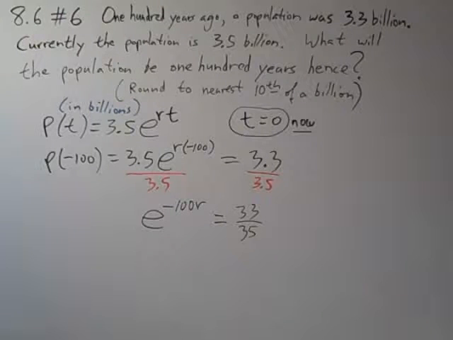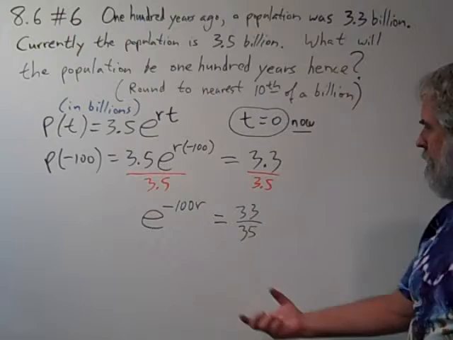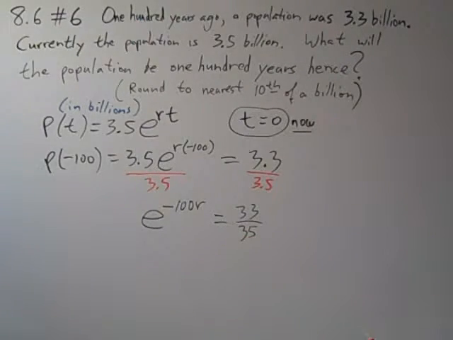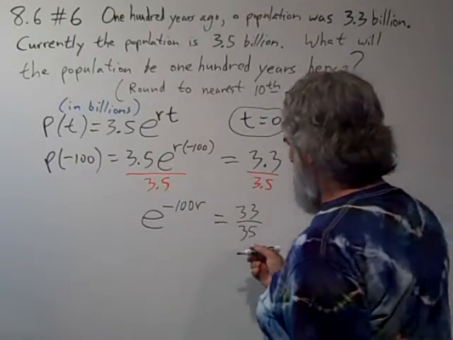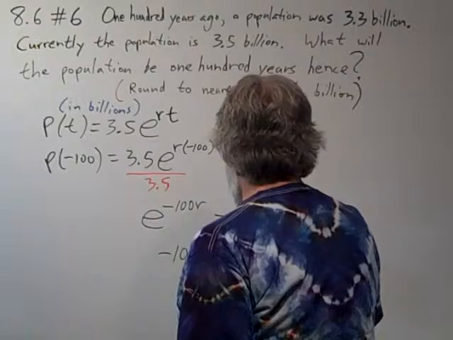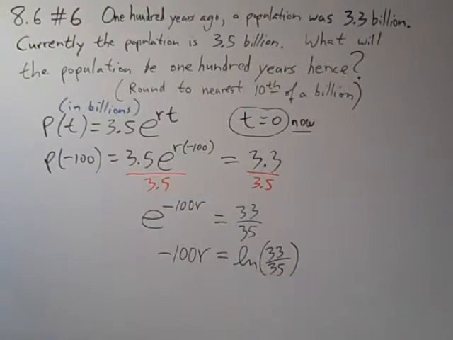Now, writing this in logarithmic form, or taking the natural log of both sides, it amounts to the same thing. Either taking the natural log of both sides of the equation, or just writing this exponential equation in logarithmic form. Either way, we end up with negative 100r equals the natural log of 33 divided by 35.